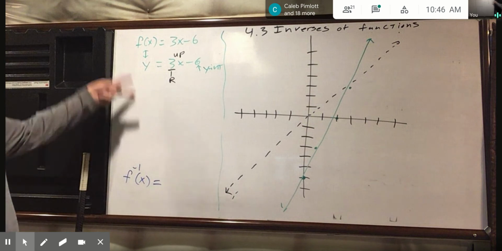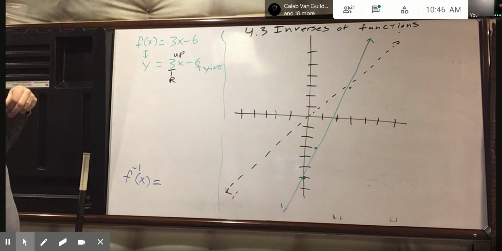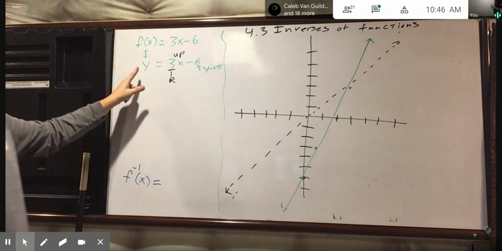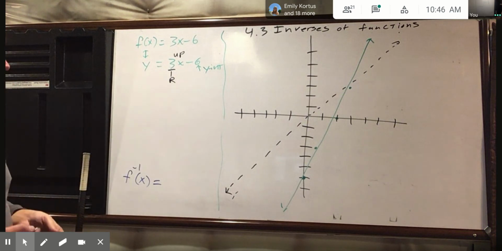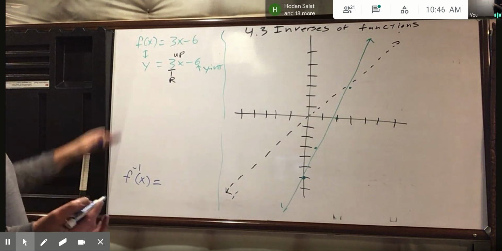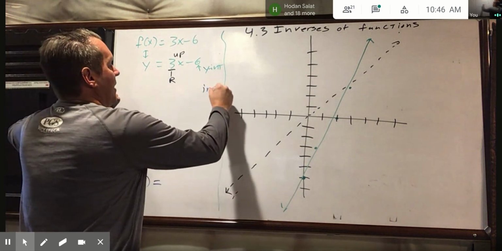The table was easy. All we had to do is switch the x and y values. All right. The function is similar in the fact that we're going to switch x and y, but then we have to get the y by itself again. So I'm going to change marker color from here to here. So now my inverse is going to start right now.